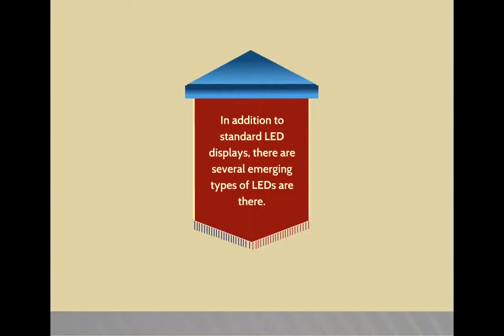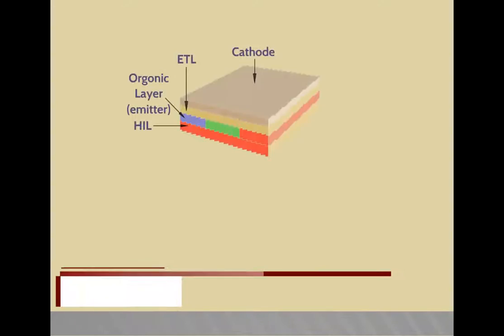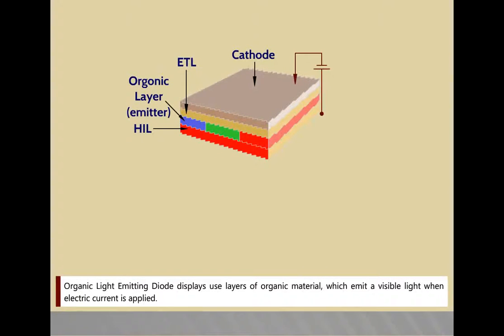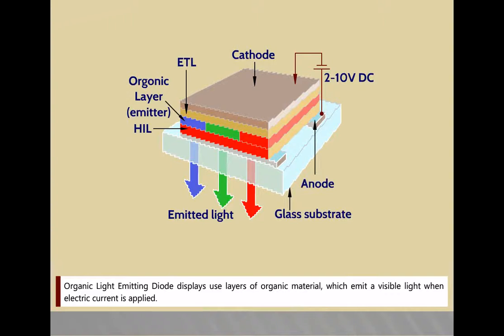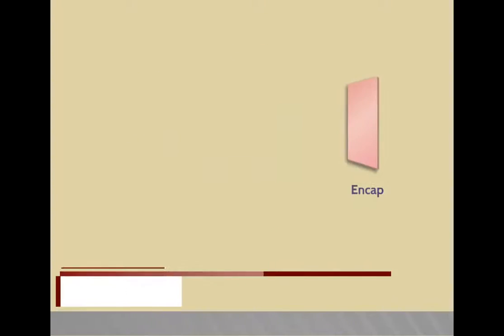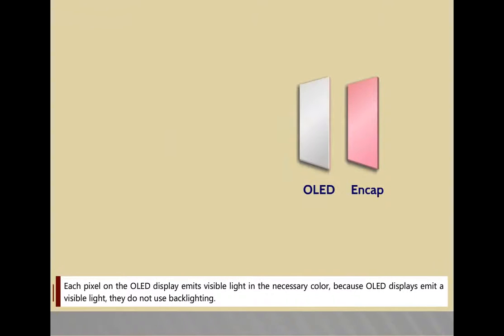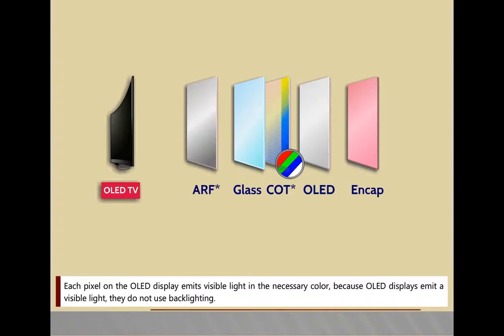In addition to standard LED displays, there are several emerging types of LEDs. Organic light-emitting diode displays use layers of organic material which emit a visible light when electric current is applied. Each pixel on the OLED display emits visible light in the necessary color.